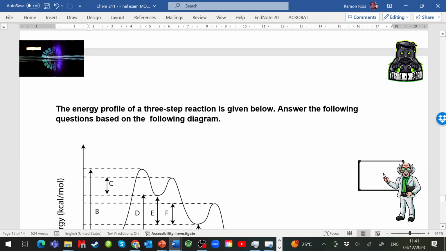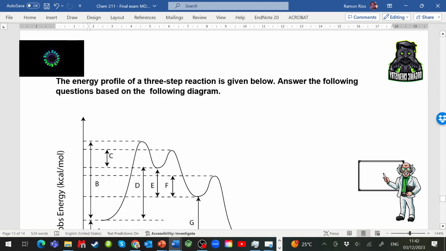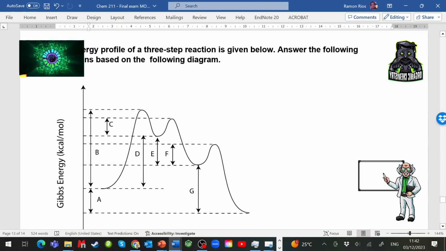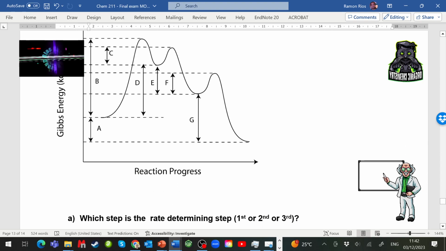Finally, we have question number 14. The energy profile of a three-step reaction is given below. Answer the following questions based on the following diagram. Okay. Which step is the rate determining step? The rate determining step is the one that has the higher activation energy. The activation energy of the first step will be from here to here, isn't it?